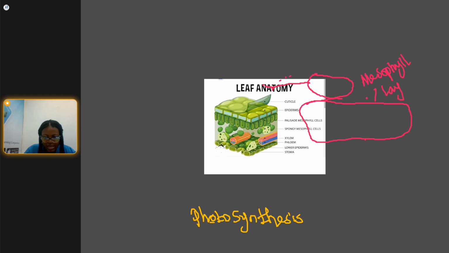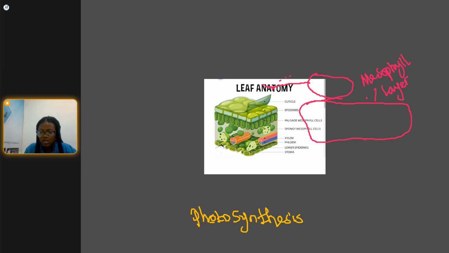Just like they are divided into two, you have the palisade mesophyll cells and you have the spongy mesophyll cells.